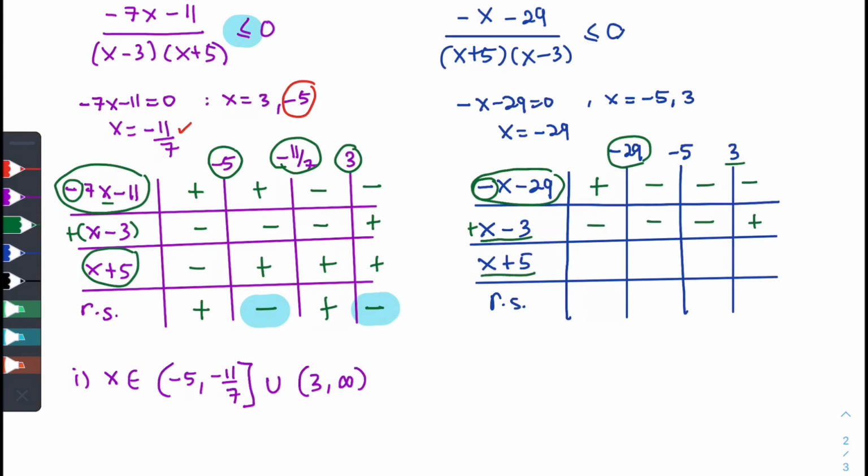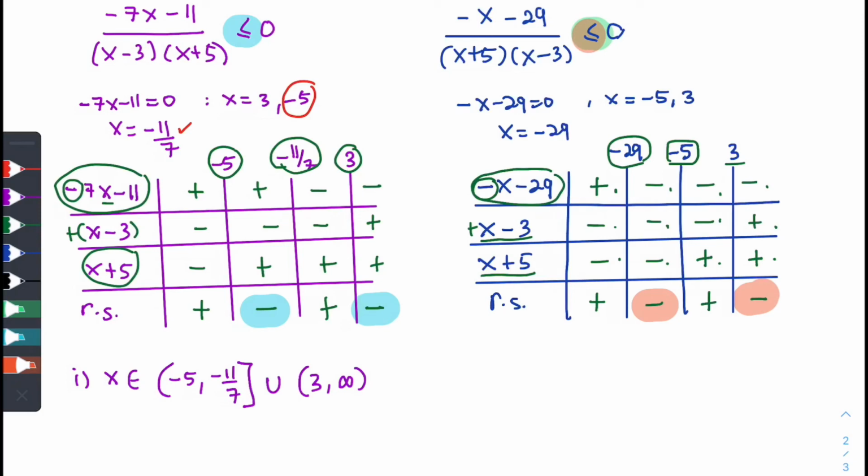For x + 5, after -5 is plus, before it is negative. Then the results are plus, and minus plus plus gives you minus. The question wants you to find less than or equal to, meaning you have to take the negative symbol.